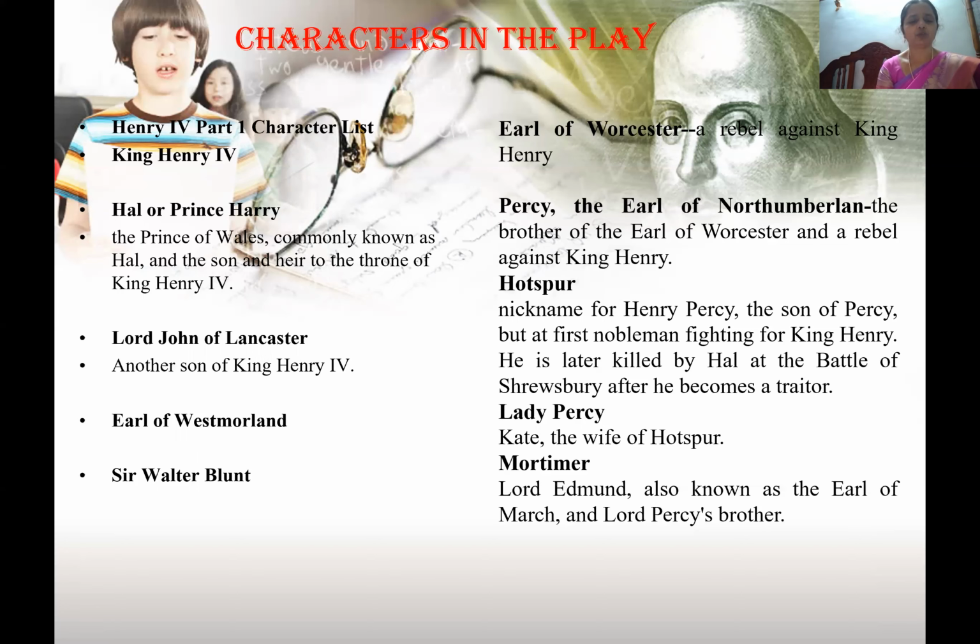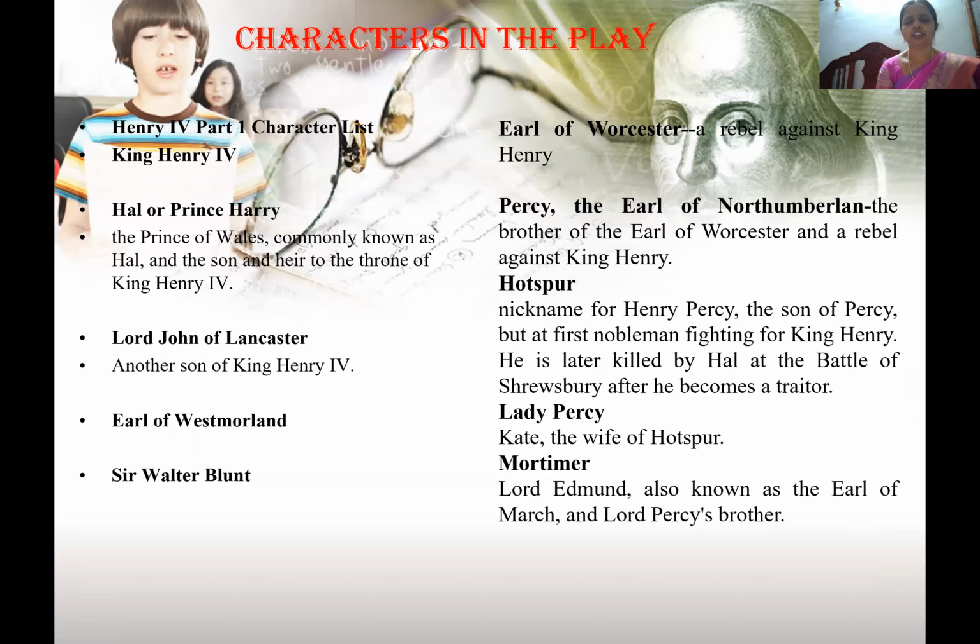The Earl of Westmoreland, Sir Walter Blunt, the Earl of Worcester, a rebel against Henry. Percy, the Earl of Northumberland, the brother of the Earl of Worcester and a rebel against King Henry. Hotspur, nickname for Henry Percy, the son of Percy, at first a nobleman fighting for King Henry.